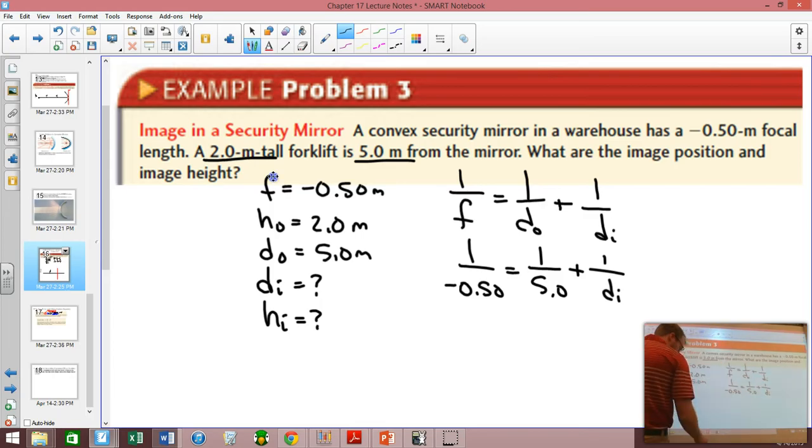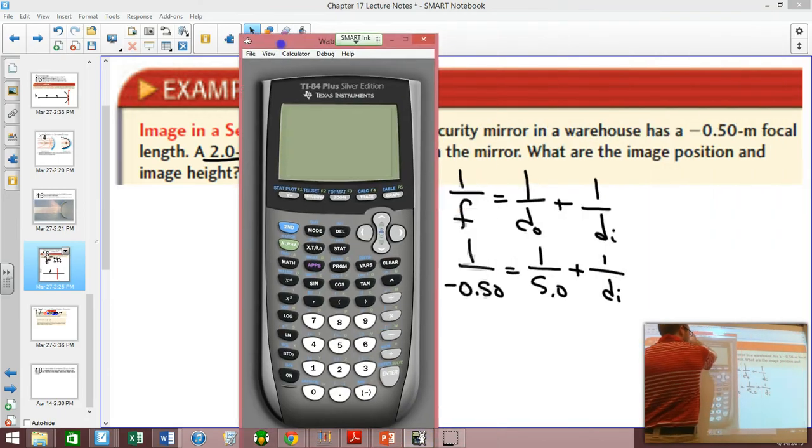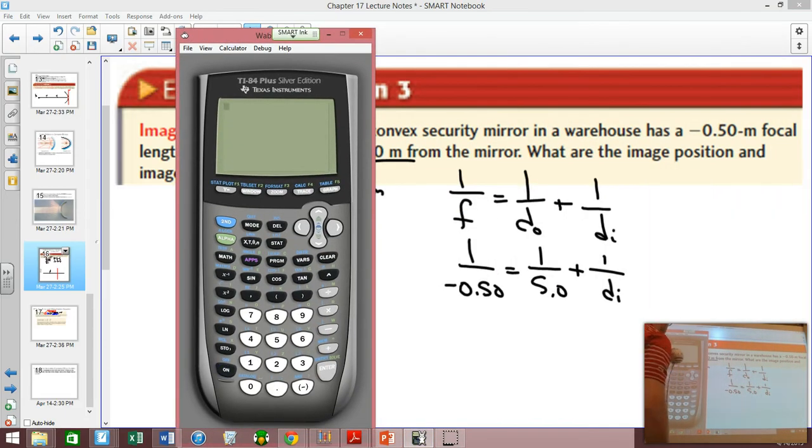This one's kind of tricky to solve if you don't know what you're doing with fractions, so I used my calculator. I take 1 divided by negative 0.5, subtract 1/5, and that equals negative 2.2.